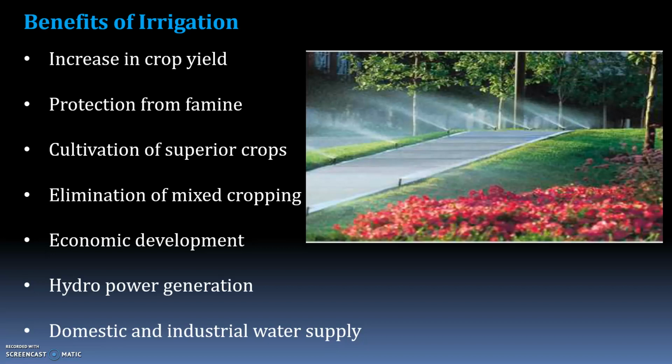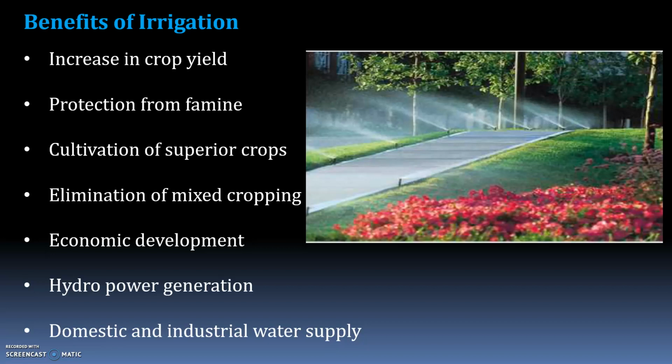Then also, all of us know the water is mainly required for domestic and industrial water supply, and also inland navigation. Large canals can also be used for inland navigation, and thus transportation of agricultural products can be increased. Then improvements of communication.